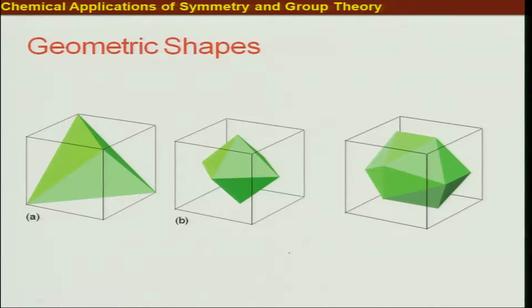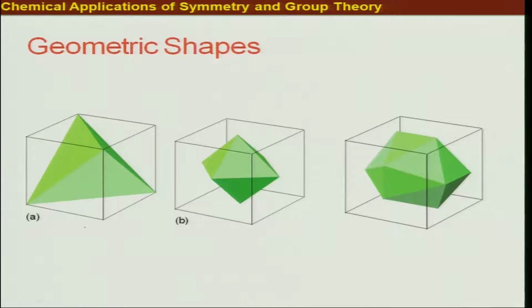Now, just like the molecule, you can find the point group to which any given structure belongs. On your screen you can see certain geometric shapes. The first one is that of a tetrahedron, right? The special quality of a tetrahedron is that all the vertices occupy opposite corners of a cube.